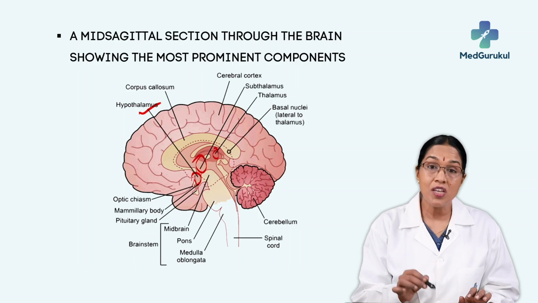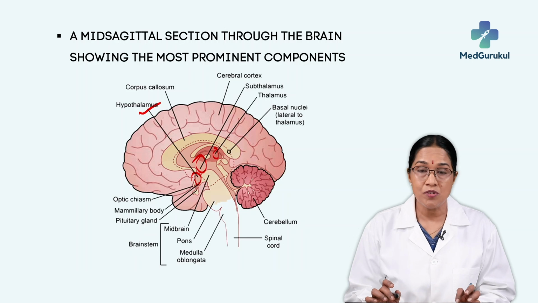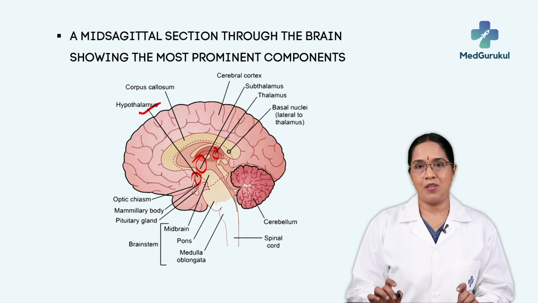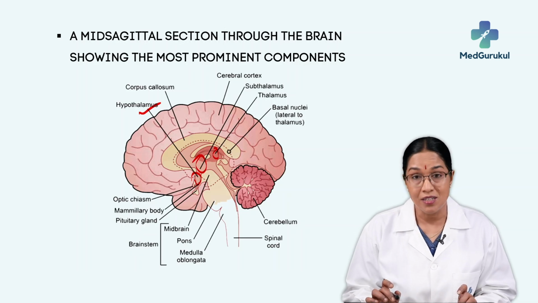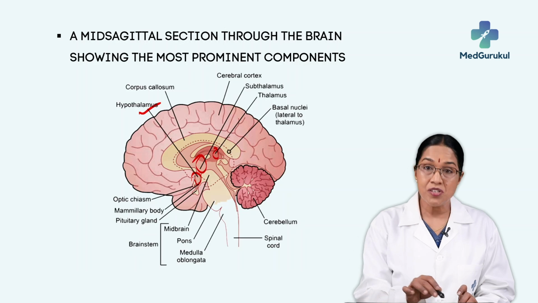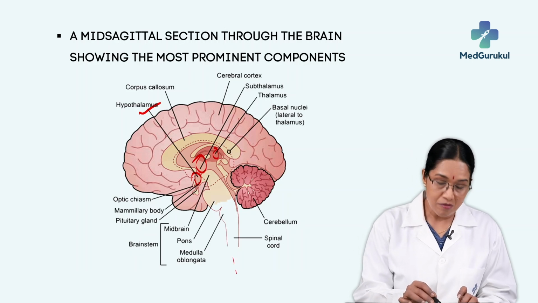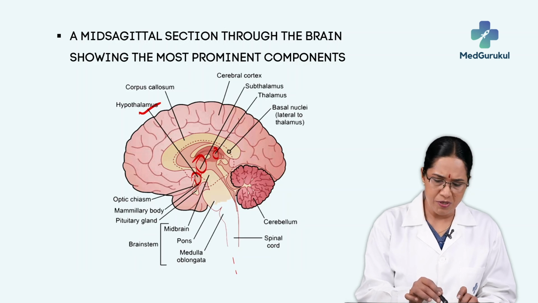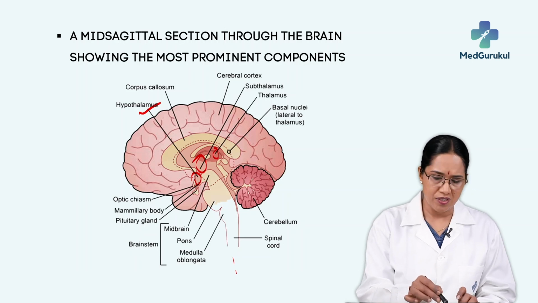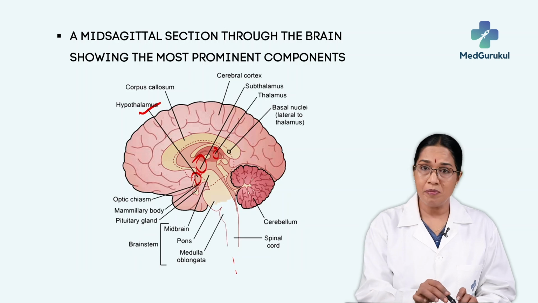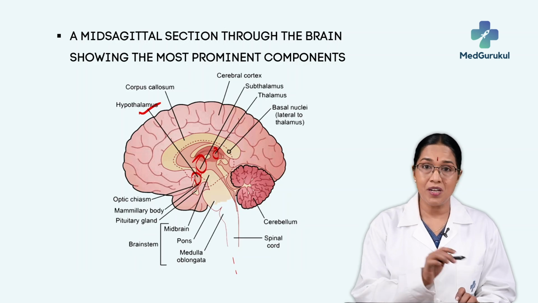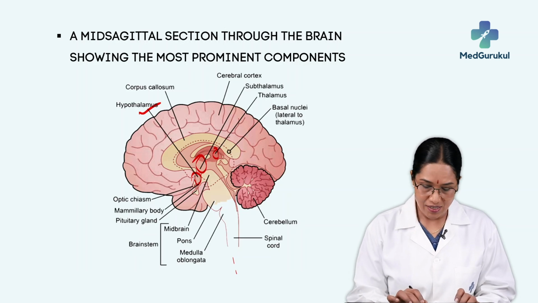These three components, hypothalamus, thalamus and the subthalamus, make up the diencephalon of the brain. You can see all the other related structures also. Spinal cord is here, cerebellum here, the brain stem structures are there, the pituitary gland, and the cerebral cortex on top. So, hypothalamus, thalamus and the subthalamus together make up the diencephalon.